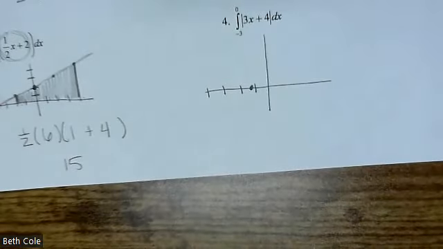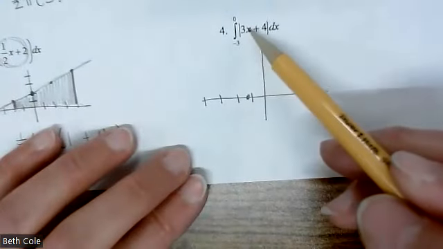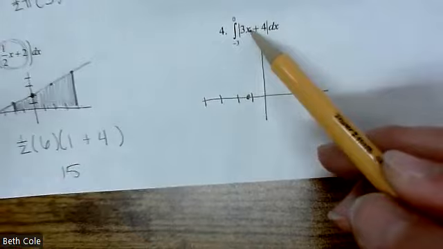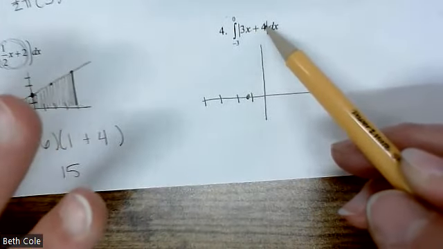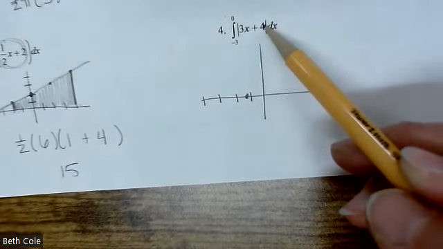Now, there are 2 other numbers it would be very beneficial to plug in. Which 2 other numbers do you think we should plug in? Why negative 3 and 0? They're your boundaries, all right? So let's plug in negative 3. If you plug in negative 3, what are you going to get? Negative 9 plus 4, negative 5, but it's actually 5.